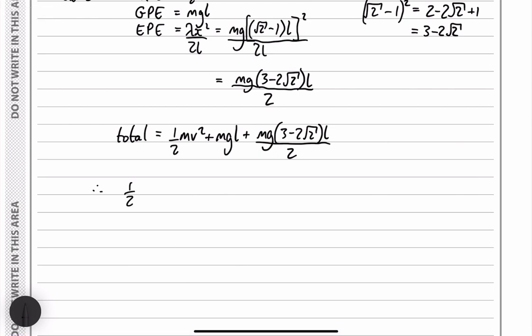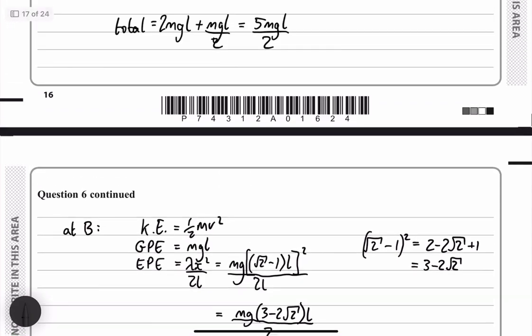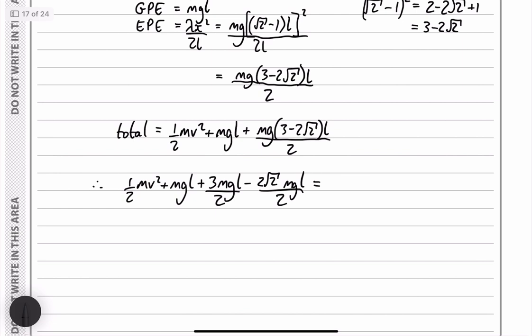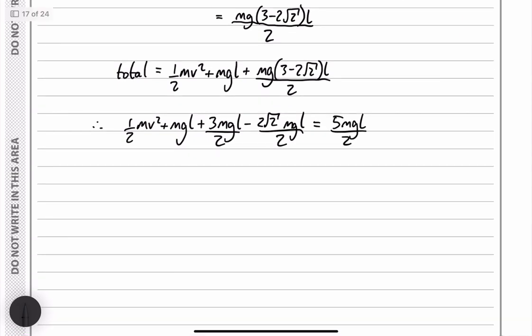So this thing, if I write it out again, get rid of these brackets, so that's plus 3 over 2 mgL minus 2 root 2 over 2 mgL must equal 5 mgL over 2. And you can see they've all got this mgL, or most of them, not the half mv squared, but they do all have m, so we can cancel m's, get rid of them.